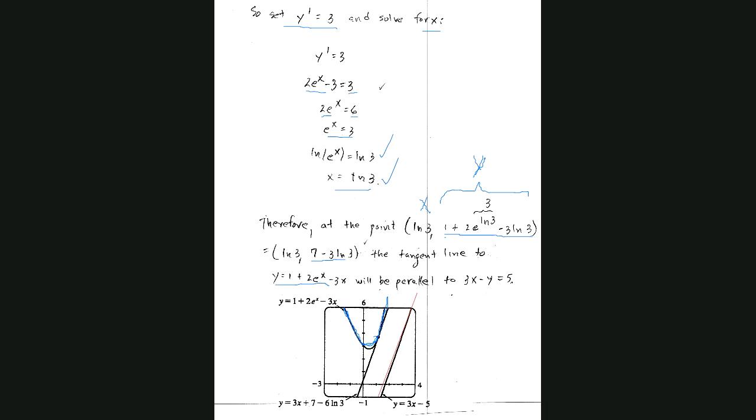And you'll notice when x equals log of 3, this is the point right here. The natural log of 3 is about 1.09, so that's right here.